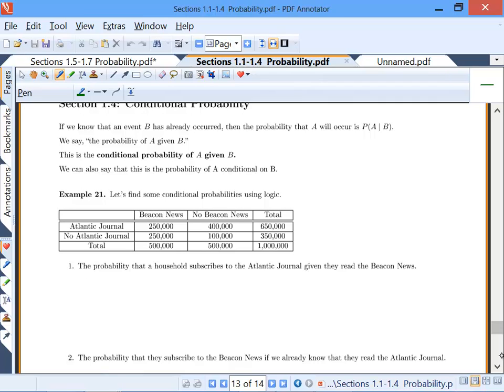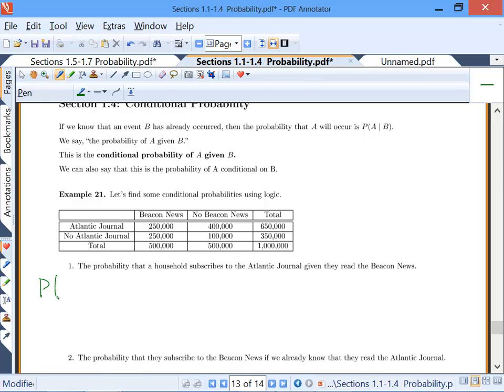So you've seen this setup before. It's our cross-classification table or our contingency table. And we want to know what is the probability that a household subscribes to the Atlantic Journal given that they read the Beacon News. So what do you think I can do here? First of all, let's write it in symbols.